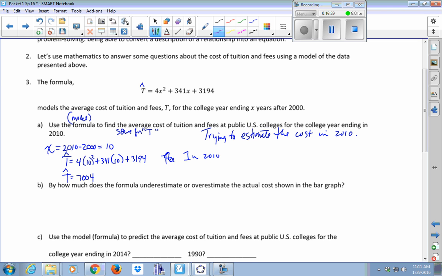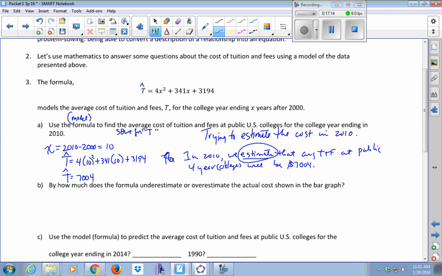In 2010, there's 1,000 ways to write this sentence, I'm just picking one, we estimate that the average tuition and fees at public four-year colleges will be 7,004, and you put on your unit of dollars. Okay? So the key here is somewhere along there, you talk about it being an estimate. All right?